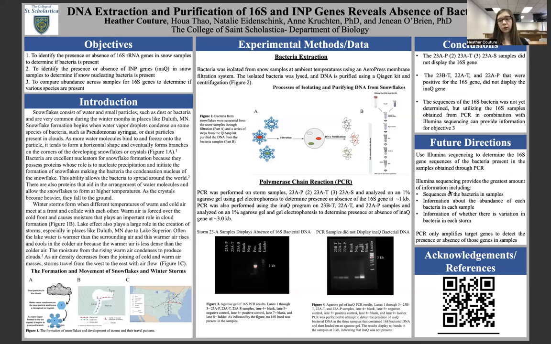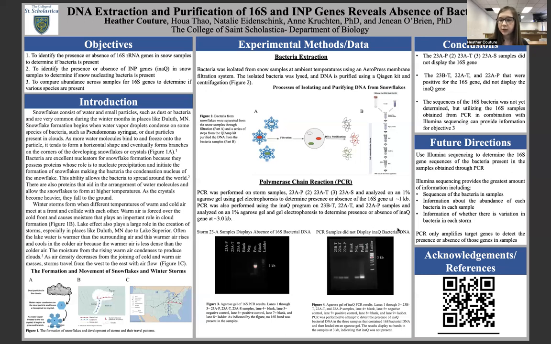We could take our 16S gene sequences of the 3 samples in this gel and run them through Illumina, and that would give us the sequences of those samples and tell us which specific types of bacteria are present and how many bacteria species are present.